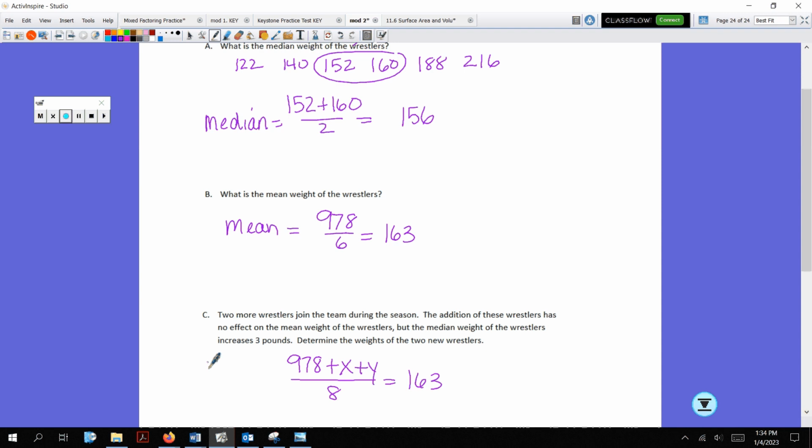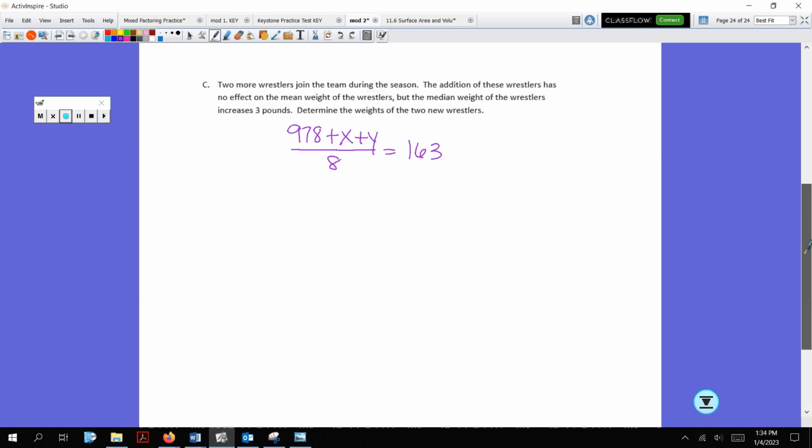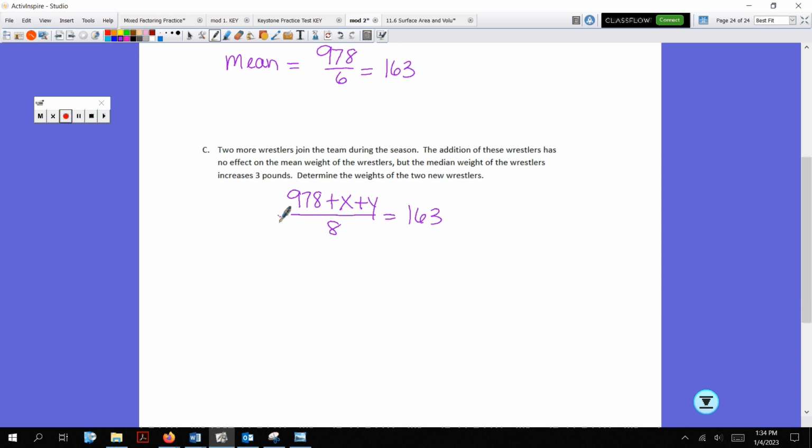So we'll solve for x and y. If I multiply both sides by 8, 163 times 8, then 978 plus x plus y equals 1304.